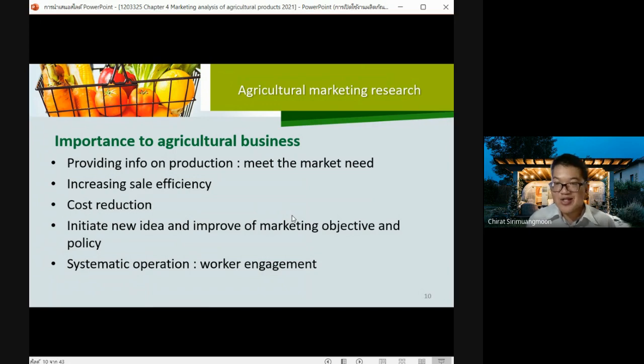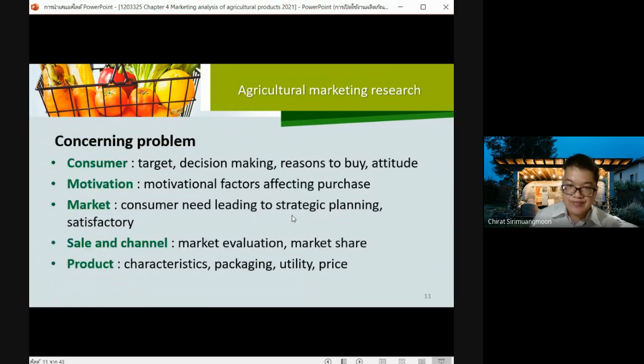But if it doesn't work well, like your agricultural marketing research is just trial and error, without a good plan, they might feel like, I don't want to take the risk with this type of company. So if you have good agricultural marketing research, you can have worker engagement as well.